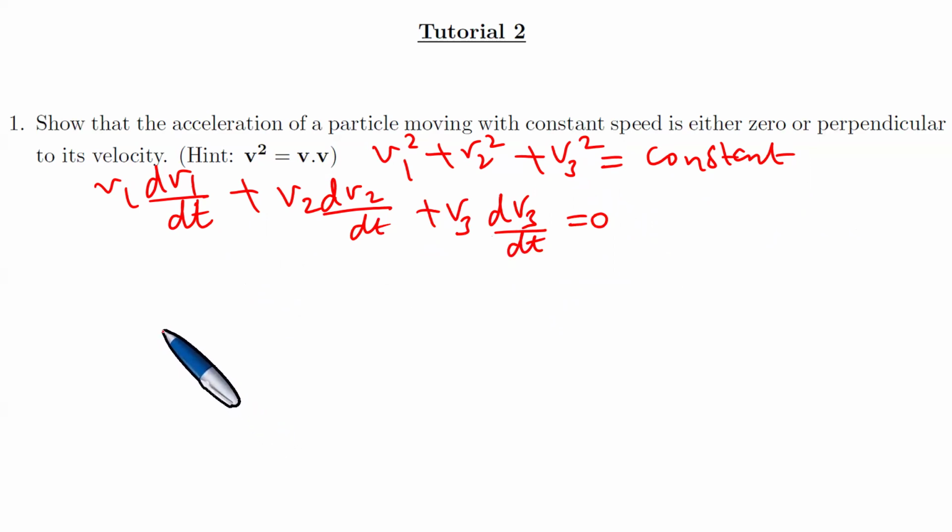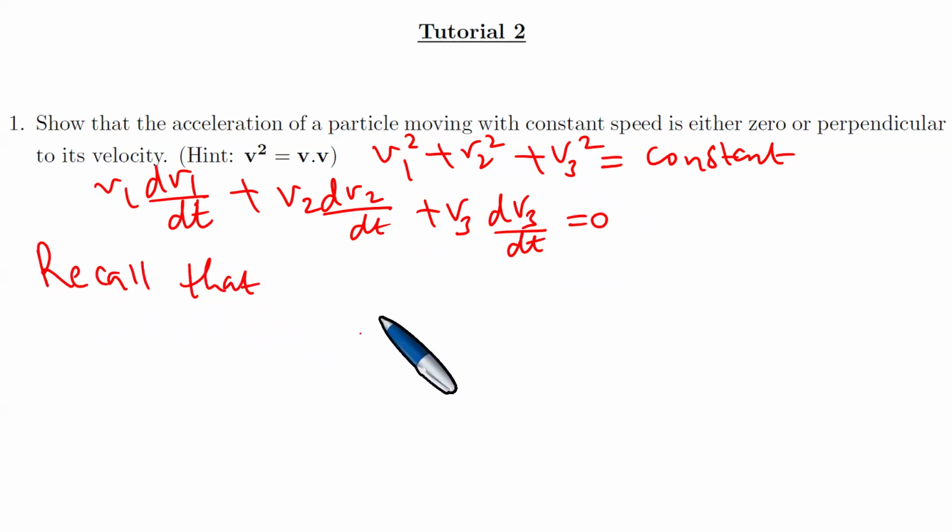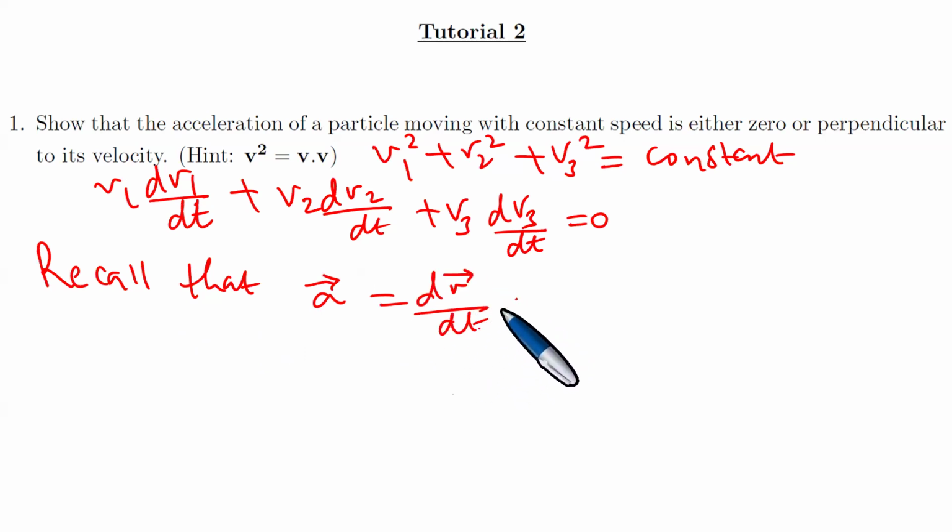What then is this? You recall, remember the fact that the acceleration itself is the same as what? Acceleration is the same as dv dt. If acceleration itself is dv dt, what then are we able to achieve out of that?